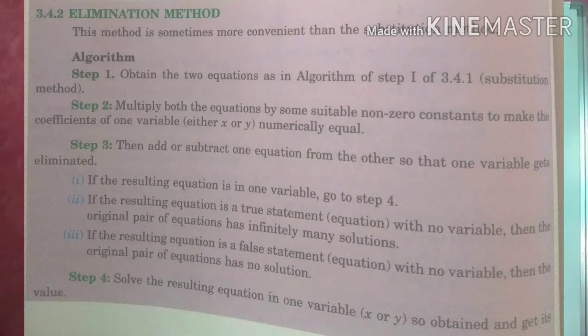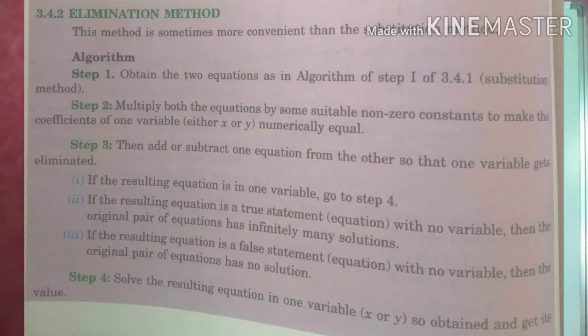The first step is to obtain the two equations as in the algorithm, meaning whatever equations are given in the question, first we have to write them. A pair of linear equations in two variables, we have to write first.